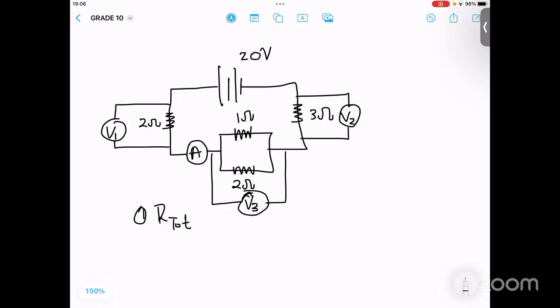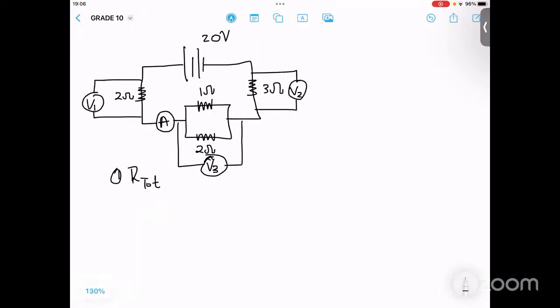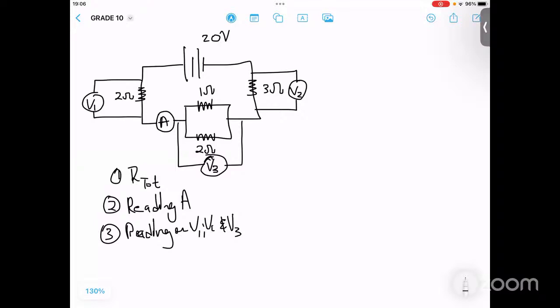Okay, number one, R total. Number two, they can say reading on ammeter. Then number three, they will say reading on V1, V2, and V3. So these are the questions that I'm going to be answering.